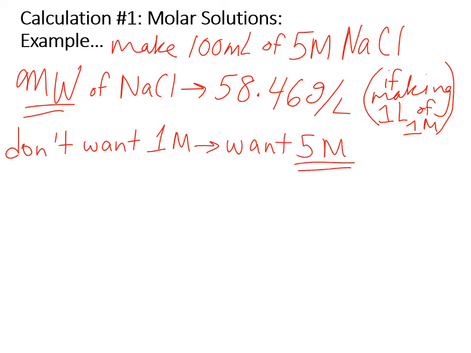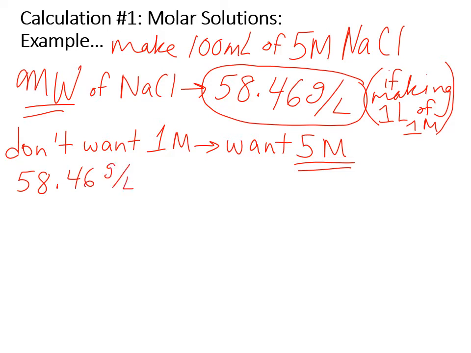Meaning we want 5 times the amount that we would need for 1 molar, right? So you take that molecular weight, which is 58.46 grams per liter, and you multiply that by 5 molar, okay, 5 moles of it.